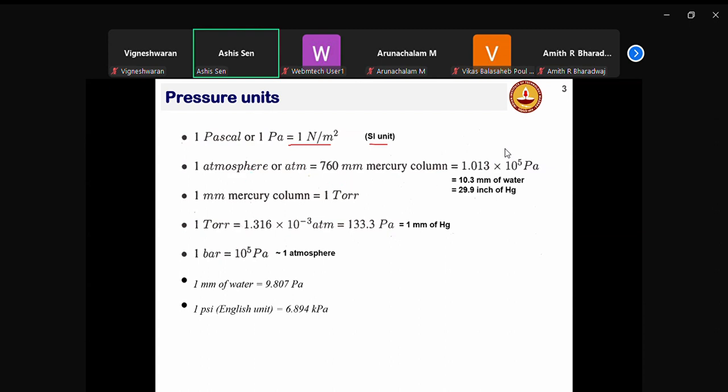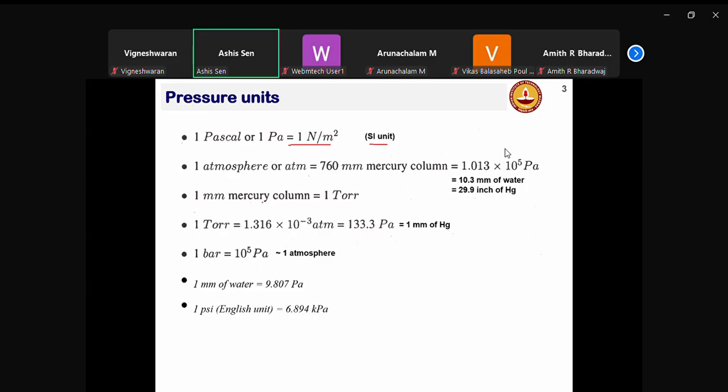And one atmospheric pressure is also 1.013 into 10 to the 5 Pascal, which is also 10.3 meter of water, or in terms of inch of mercury column, 29.9 inch of mercury. So there are different ways you can represent 1 atmospheric pressure.